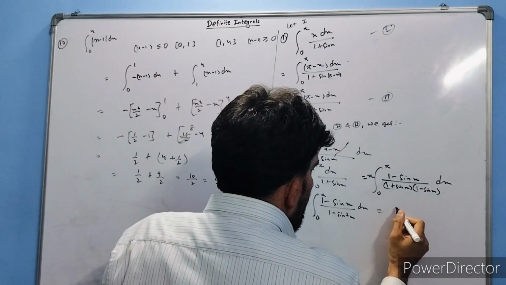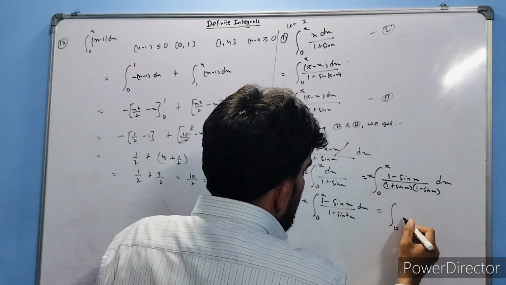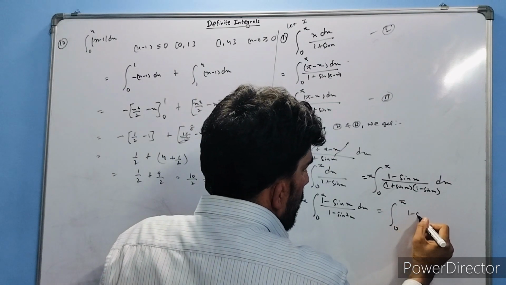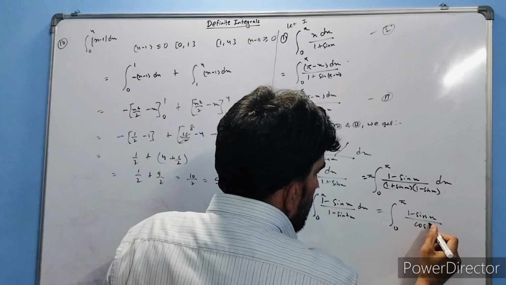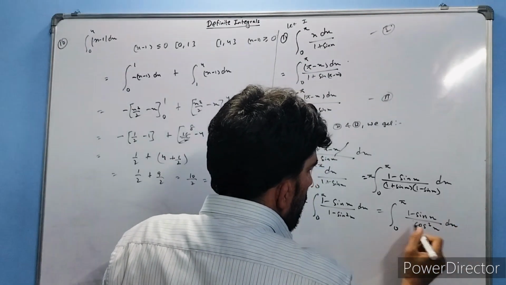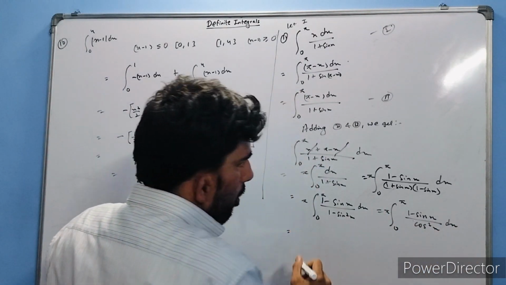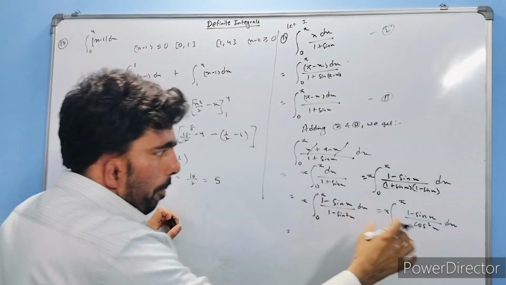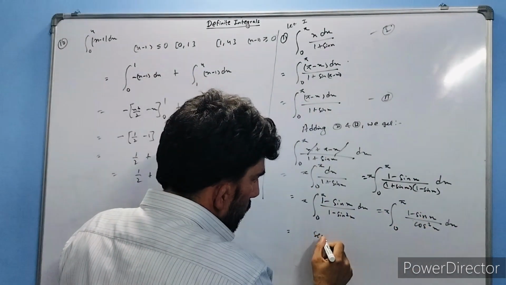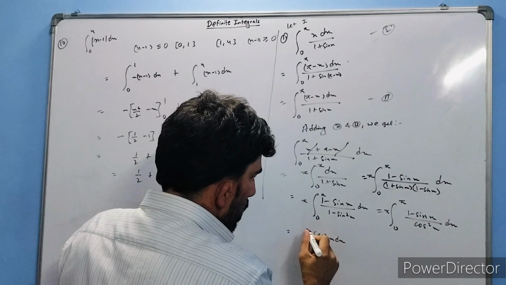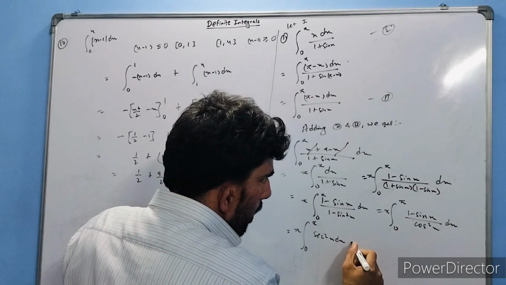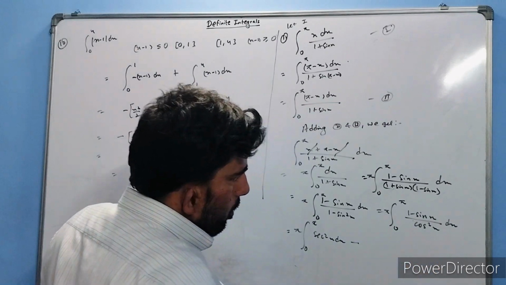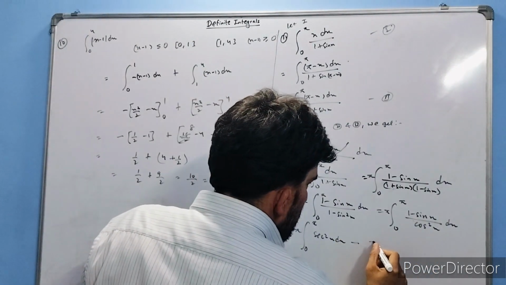Cos square x. 1 minus sine square x is equal to cos square x. So I got 1 minus sine x upon cos square x dx, 0 to pi. Okay, so now I can separate them. 1 upon cos square x will be sec square x, and we will separate out. So what I will get here: minus sin x upon cos x square, that is tan x sec x.